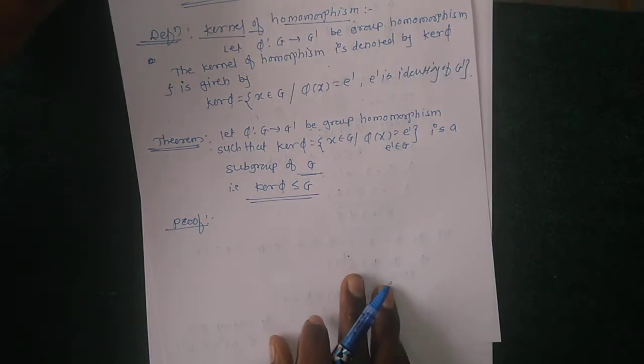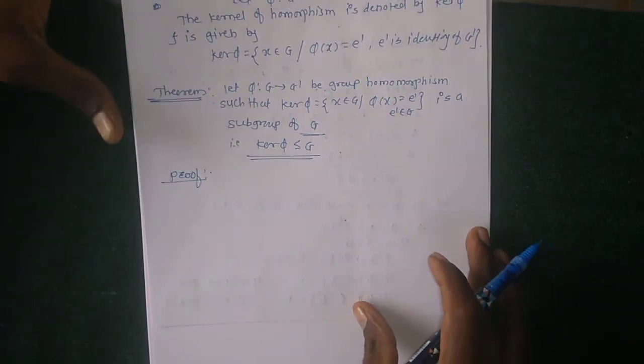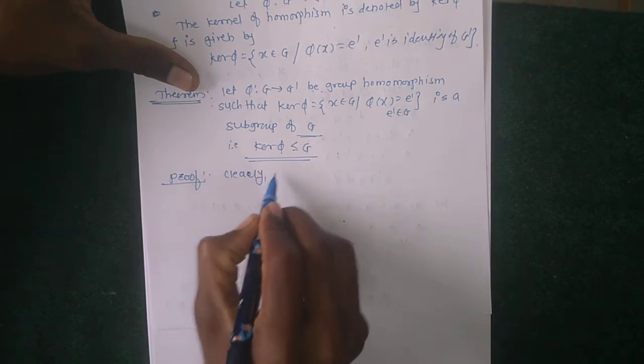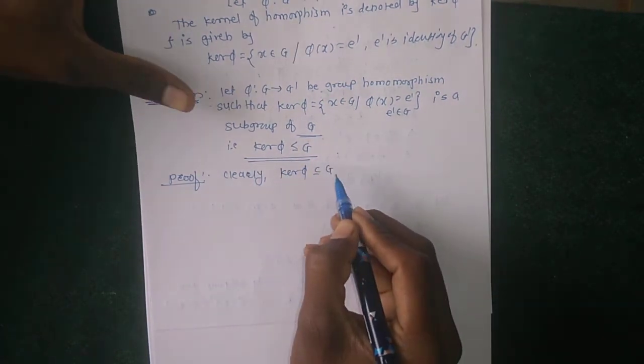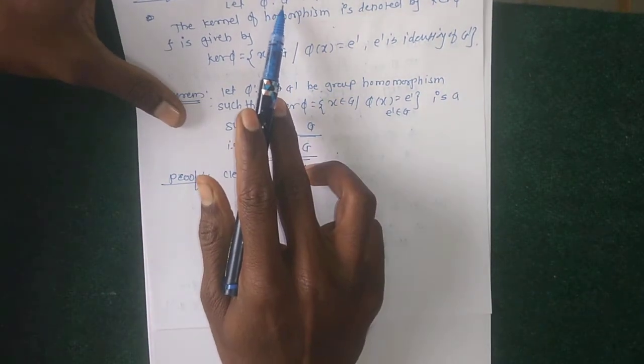Okay, let. Here, clearly kernel phi is a subset of G, because it contains elements of the domain.